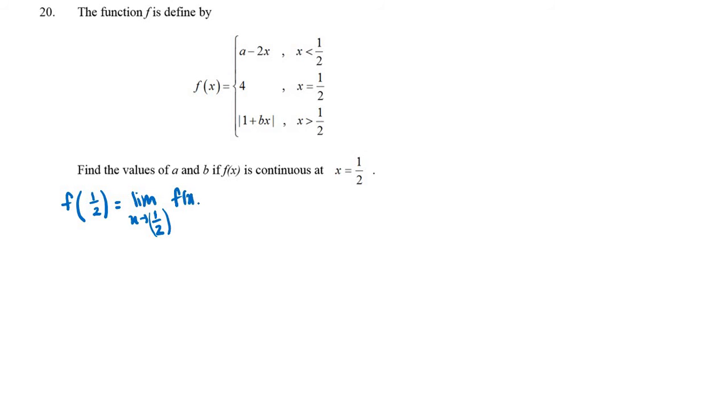Limit of x approaching 1 over 2 of f(x). So the first piece of information that we can use is, for this limit to exist, we understand that the limit of f(x) for x approaching 1 over 2 from the right is equal to the limit of x approaching 1 over 2 from the left of f(x).